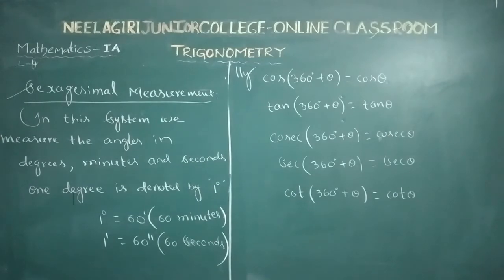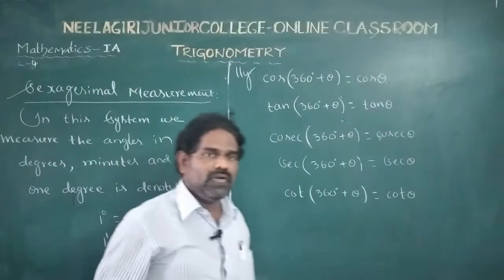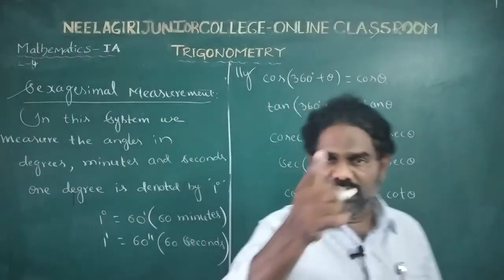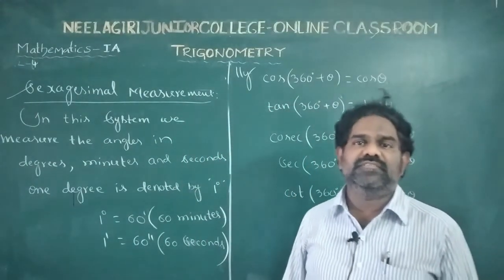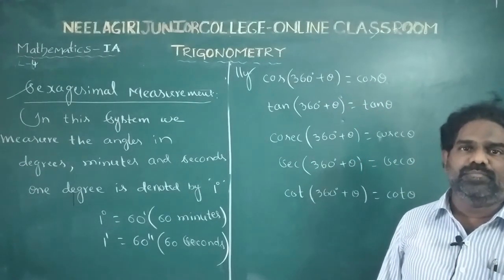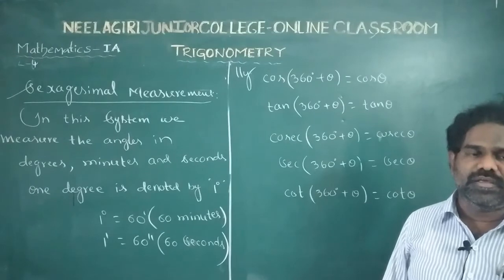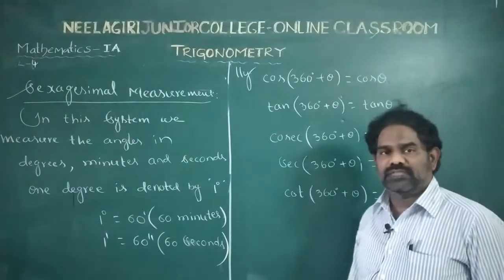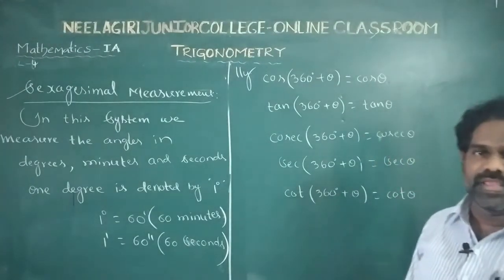Total revolution of the angle: one total revolution, one turn, is 360 degrees. The 360th part of a total turn is denoted by 1 degree.